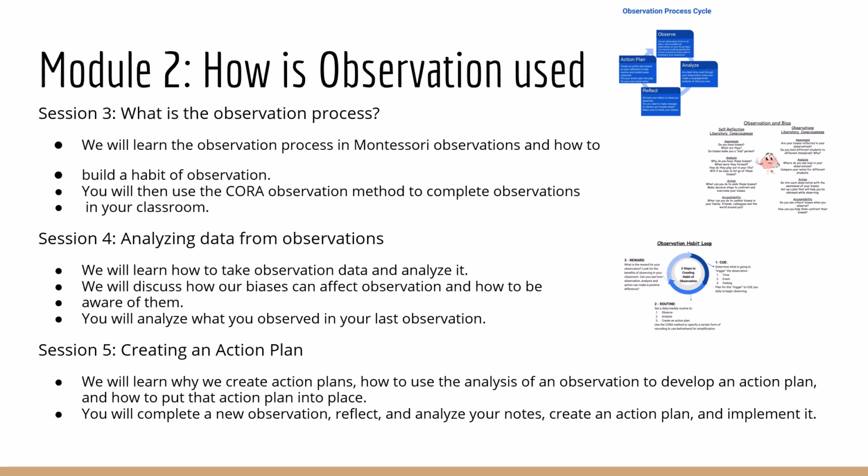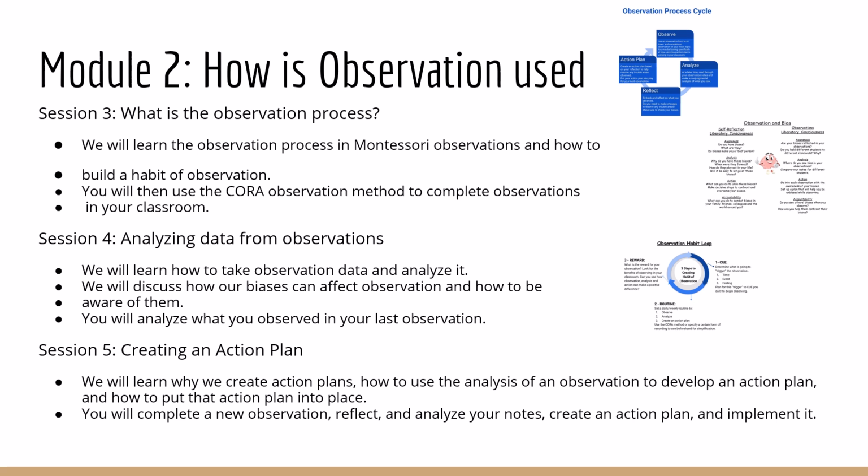We're going to spend time discussing our biases and how we can be aware of them so that our observations can stay objective. This takes a lot of practice and a lot of self-reflection, and don't worry, we're going to do that together. In session 5, we will take the analysis of observation you've completed and use it to create an action plan to put into place to help make a positive impact in your classroom.